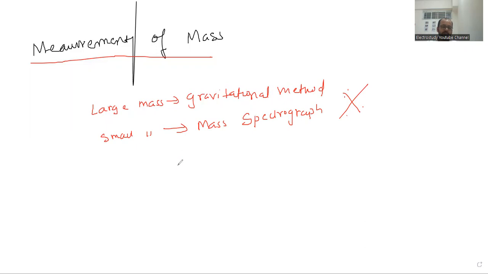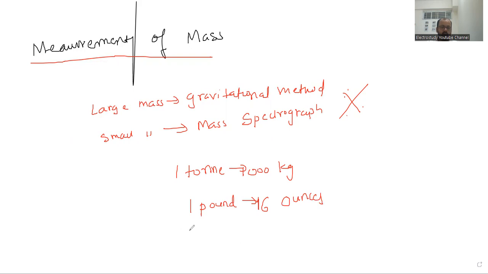Similarly, one conversion we'll study. 1 ton, you must have heard about 1 ton. 1 ton is nothing but 1000 kilogram. And 1 pound can be converted into 16 ounce.